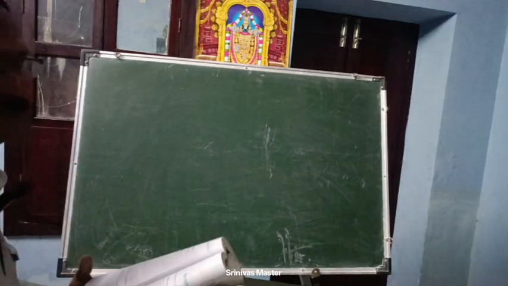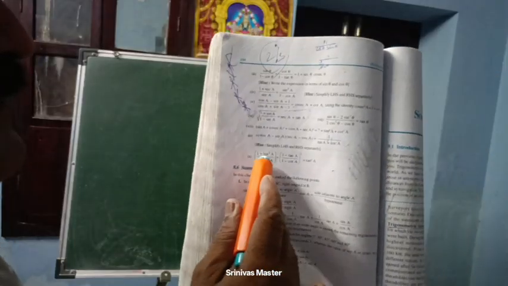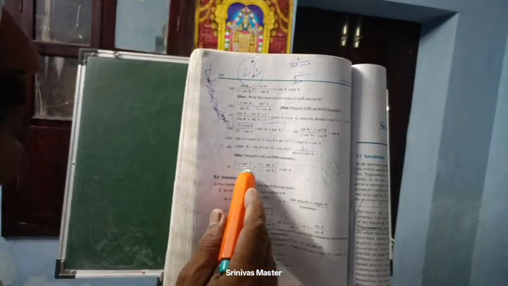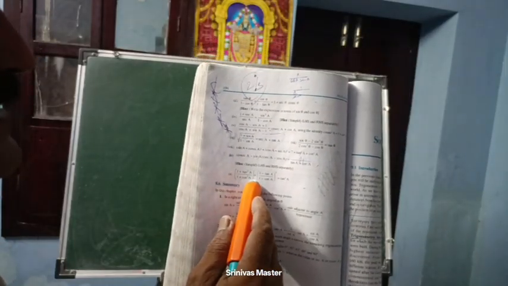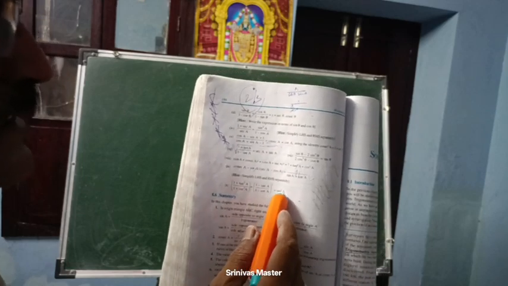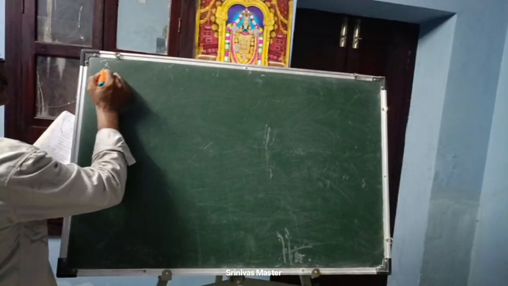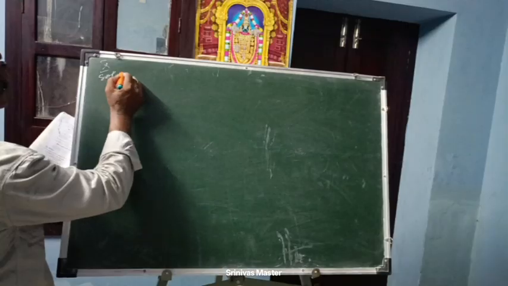See, children, the 10th problem, the last problem in that Roman. What is given? (1 plus tan square A) by (1 plus cot square A) equal to ((1 minus tan A) by (1 minus cot A)) whole square, and it is equal to tan square A. See the 10th problem. 10th solution.